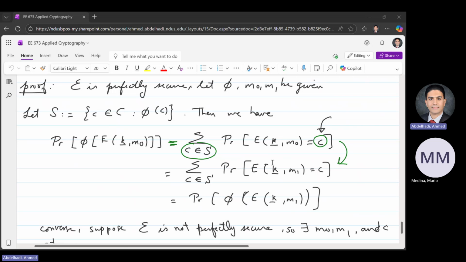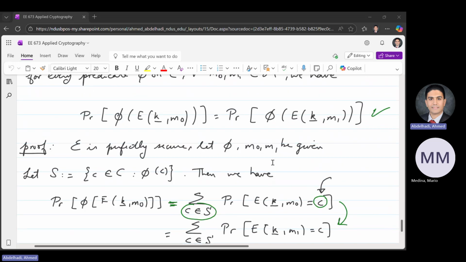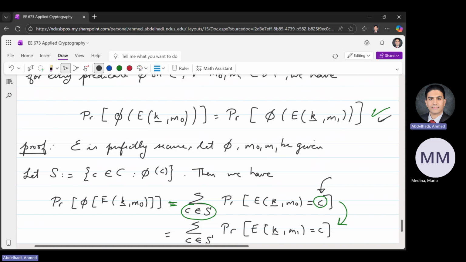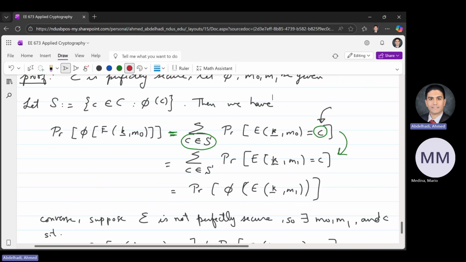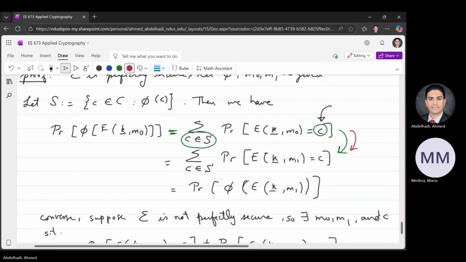You can change the message because of the assumption that it is perfectly secure, so it has to satisfy this one. Because it satisfies this one, you can do this substitution. And then basically this is the same as this, which means that they are equal.